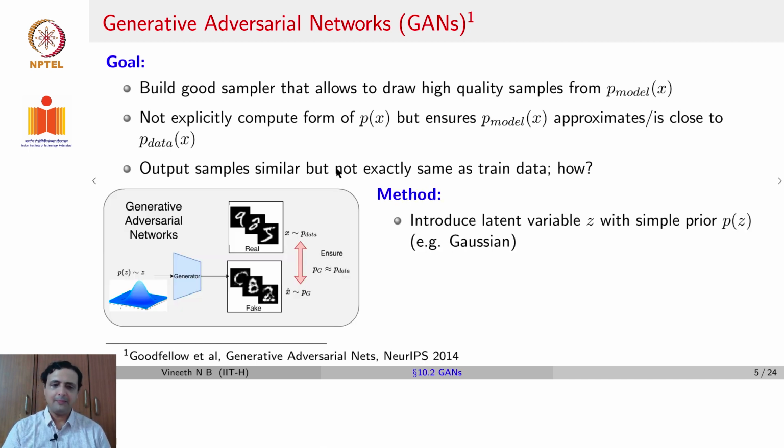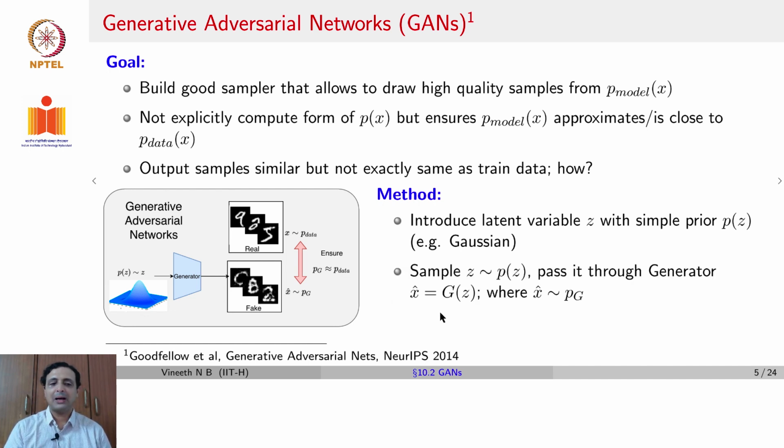The key idea in generative adversarial networks, or GANs, is to introduce a latent variable Z. This is the latent variable with a simple prior, for example, a Gaussian prior. Once you sample from that random variable, from that Gaussian, you pass it through a module called a generator. In our case, a generator could be a neural network.